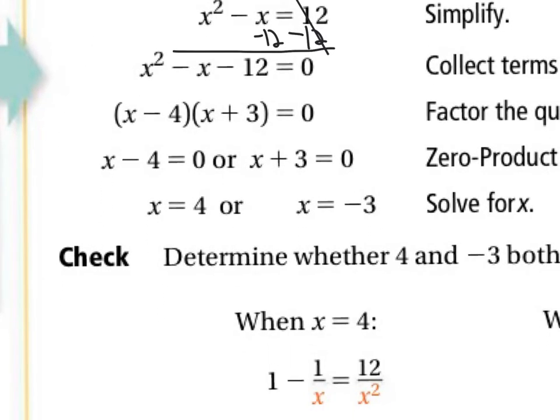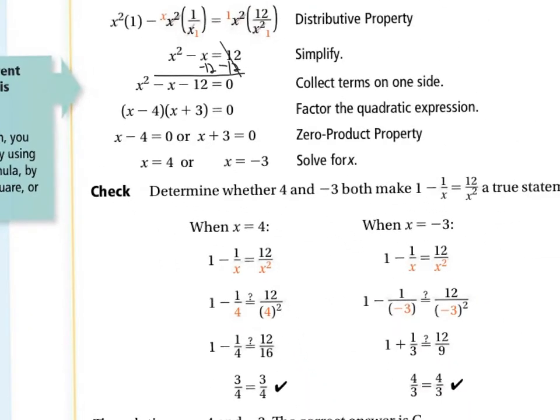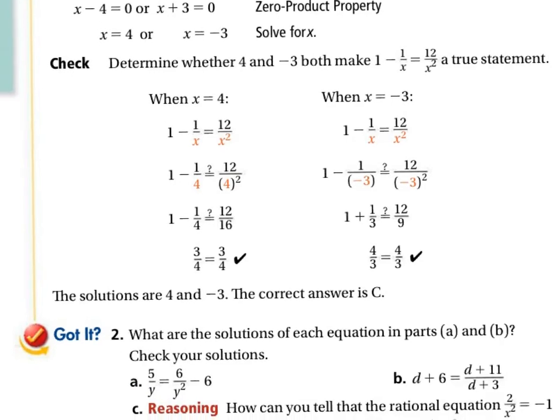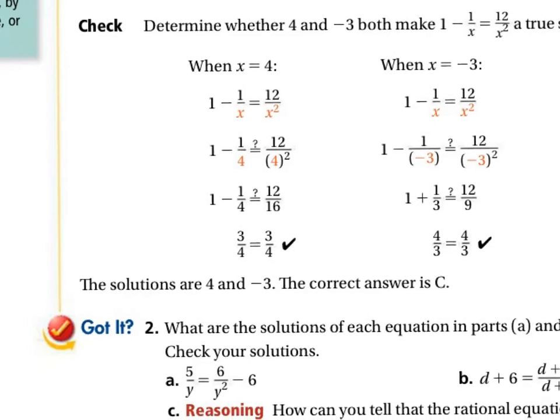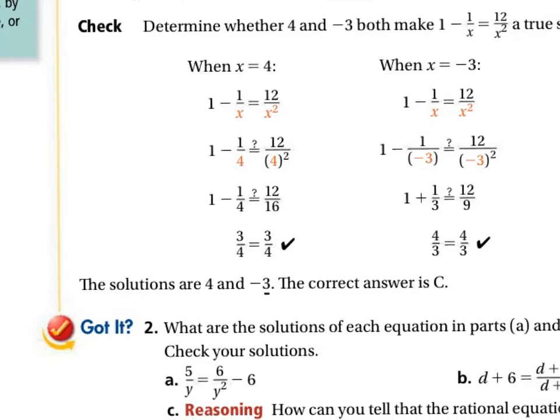This one does factor, and so then we have two potential options. Either x could equal 4 or x could equal -3. What we have to do, though, is make sure we don't have any extraneous solutions. So they checked this out, and they actually both work. So 4 and -3 would work for this problem. So that would match up with answer choice C that they had.